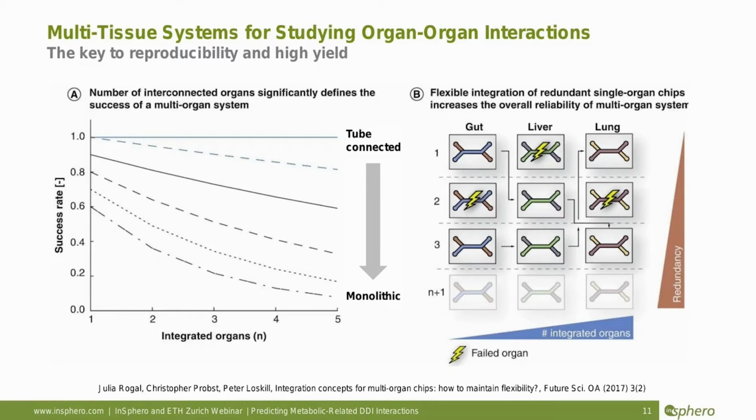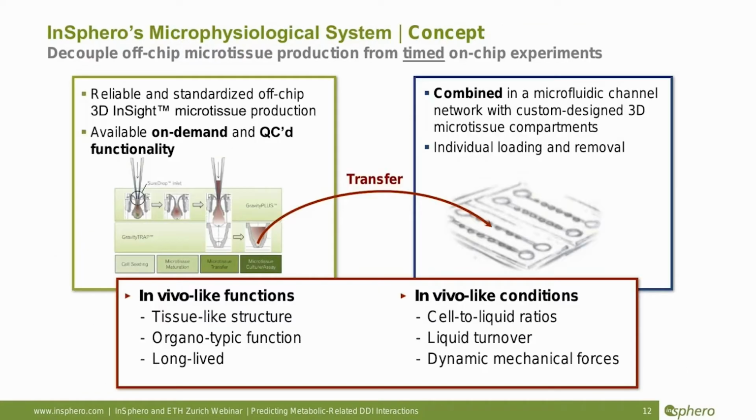So what we used at InSphero and ETH is type C. So what we're doing is we rely our microphysiological system on our core technology, the microtissues. We use an industry-validated system to produce these microtissues in 384 and 96 well plates and QC them after the production.